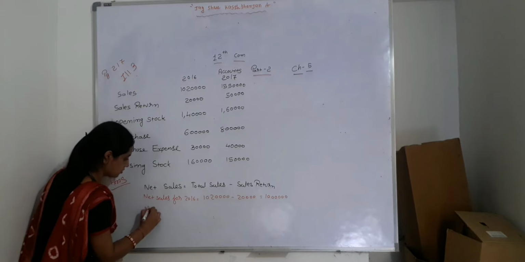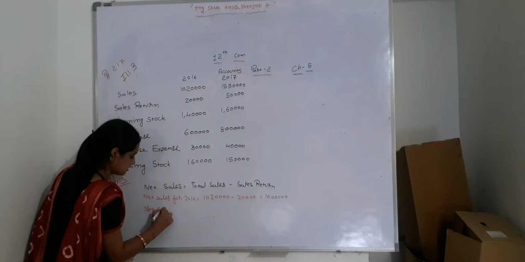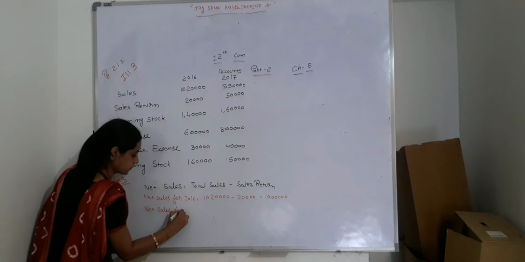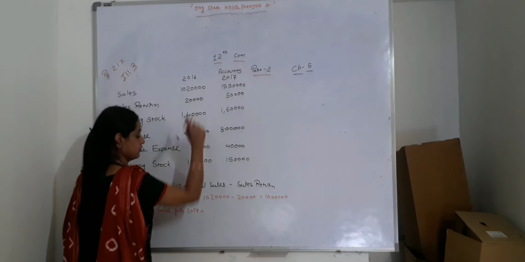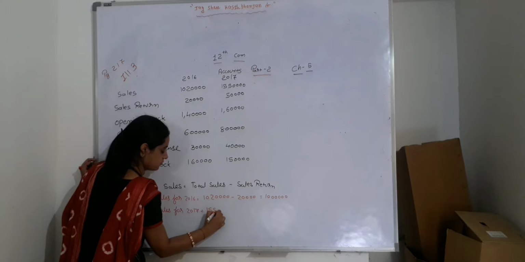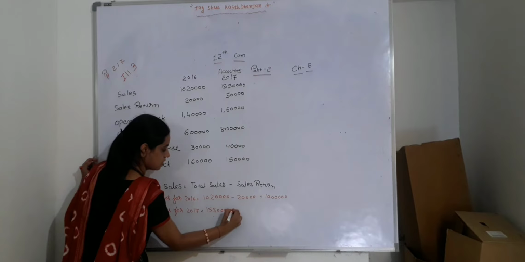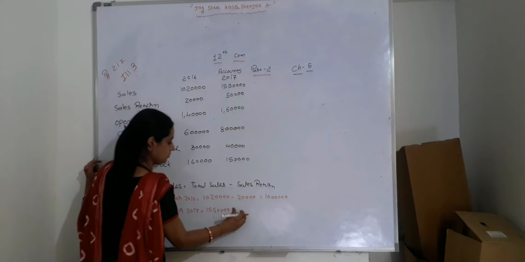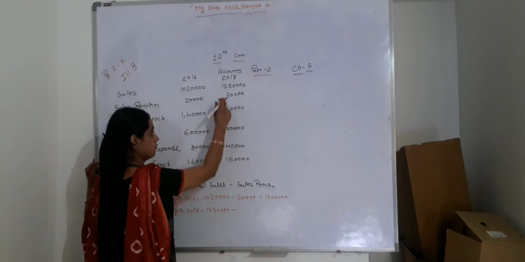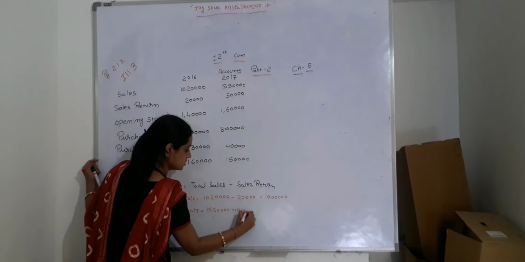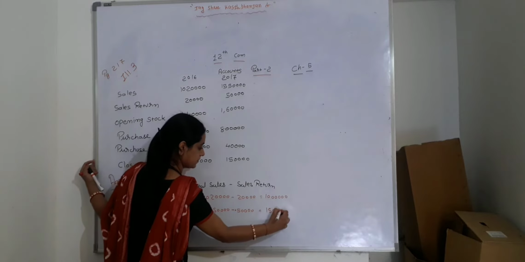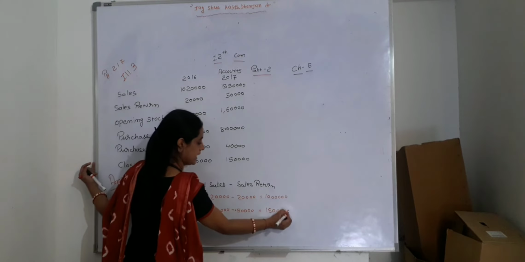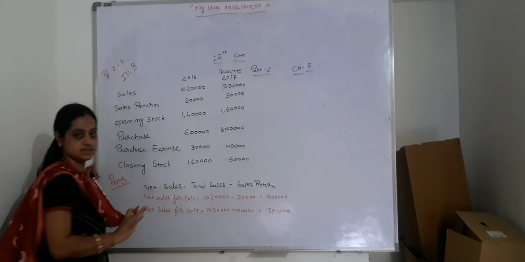Now for 2017, net sales for 2017: total sale is 15 lakh 50,000 minus 50,000 sales return is equal to 15 lakh. That means we get net sales.